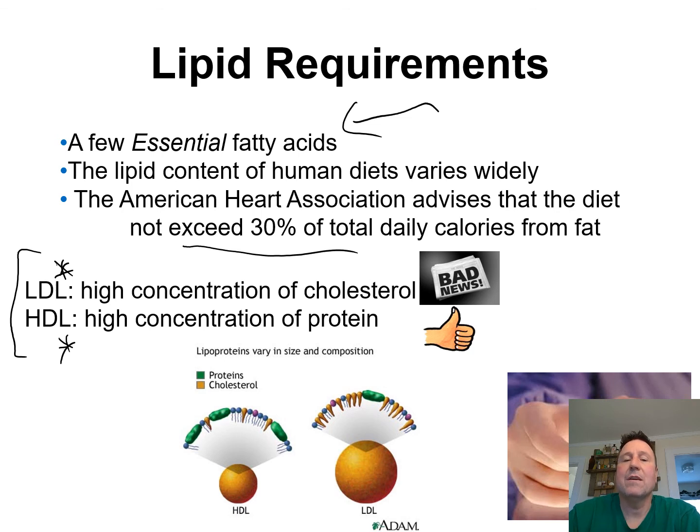Fats are not dense. So the difference is you look at an LDL, it's carrying a lot of fat, and HDL has a lot of protein in relation to each other. So this ratio is looked at when you want to look at someone's cholesterol levels if you're worried about cardiovascular disease.